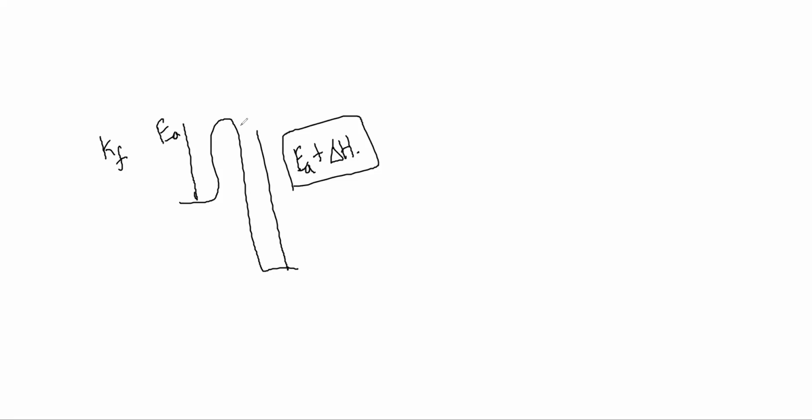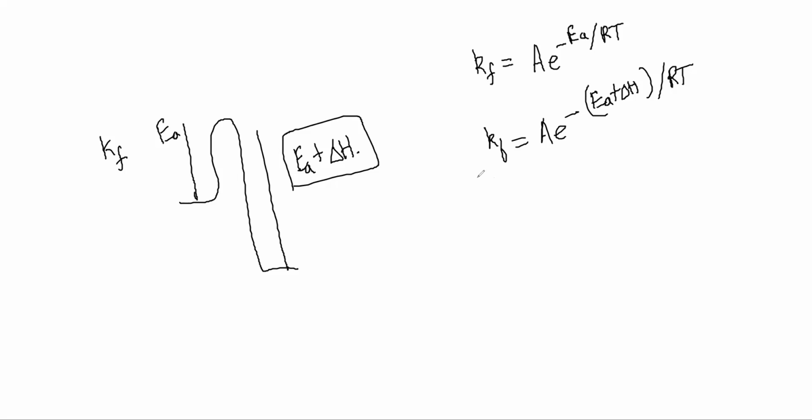So generally the reaction will be written like this: Kf is equal to A e power minus Ea by RT, right? Kb will be A e power minus Ea plus delta H by RT, right? And if you change the temperature, this change is going to be different from this change, no?